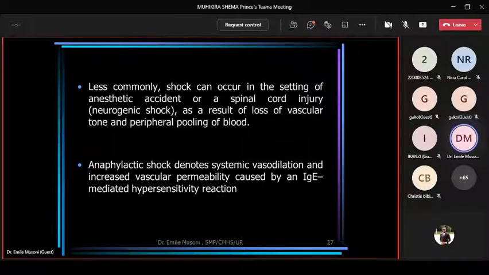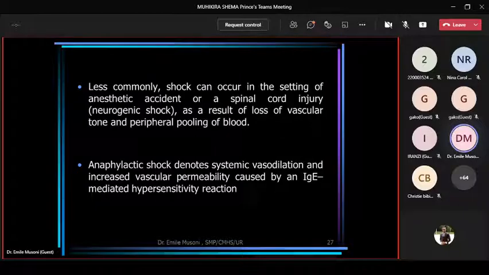Those people who are allergic to penicillin, once you inject the penicillin, there will be anaphylactic shock. On examination, there will be an increase of IgE and an increase of eosinophilia.